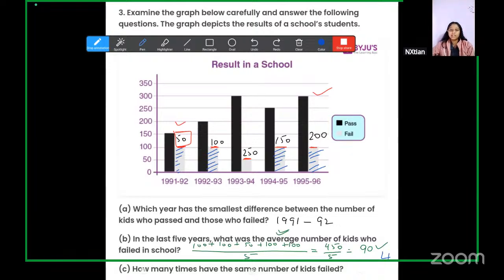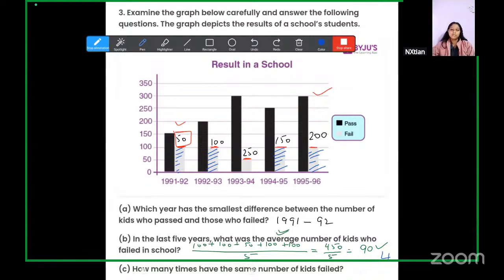So you can take a look and tell the minimum number of something, the maximum number of something. Then you can tell the difference between the minimum and maximum. From the maximum, you will subtract the minimum. From the highest quantity, you will subtract the least one, and then find the difference. If average is asked, add them all up and then divide by the number of quantities. So you'll get the average. All right.